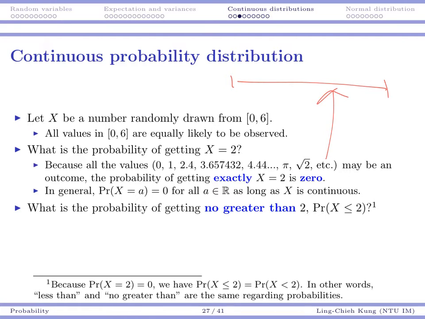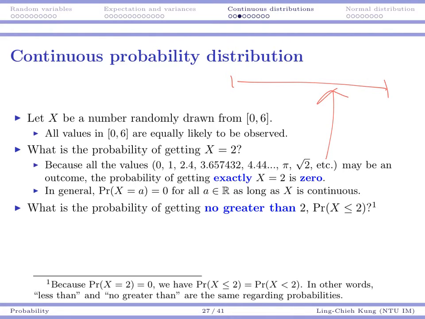If that number is positive, no matter how small it is, then when we have infinitely many numbers, the total probability would be greater than 1, and that's impossible. So that means mathematically all those points can only have 0 probability.